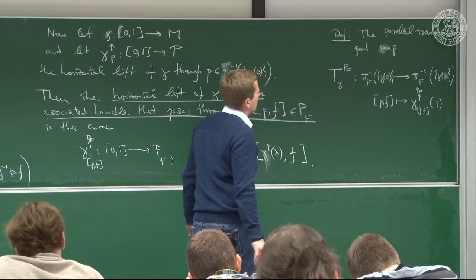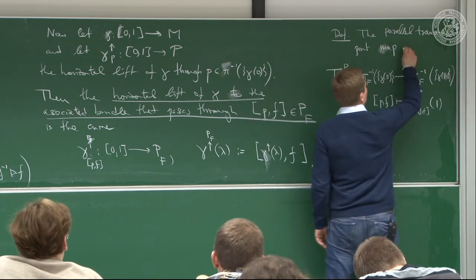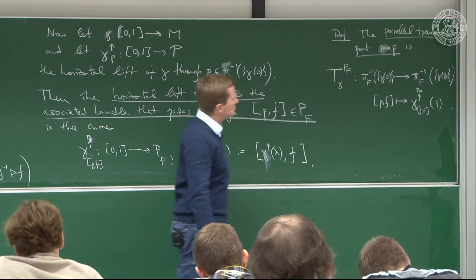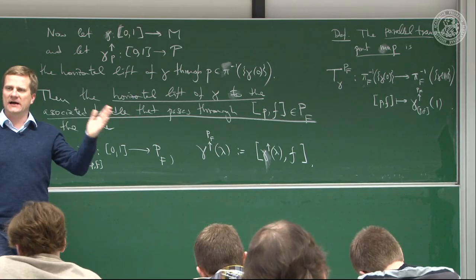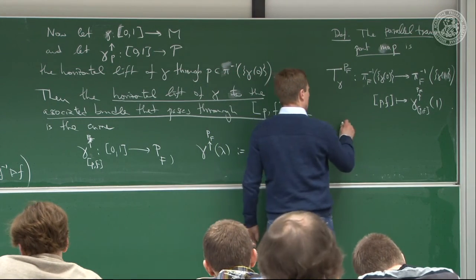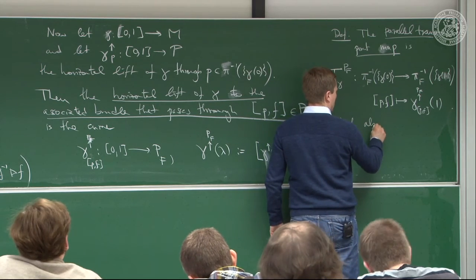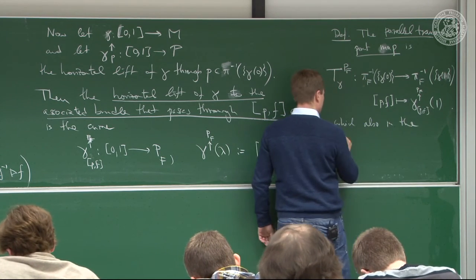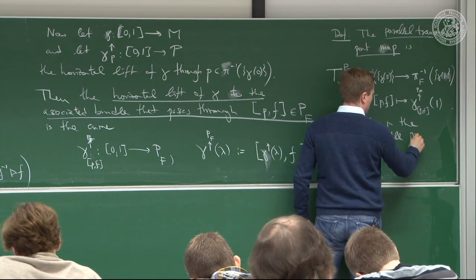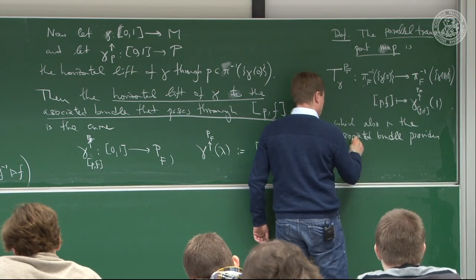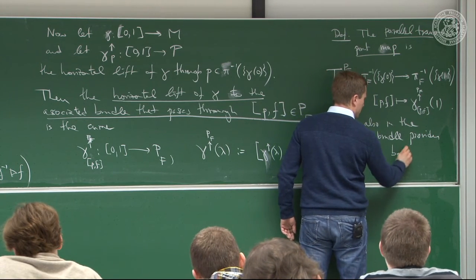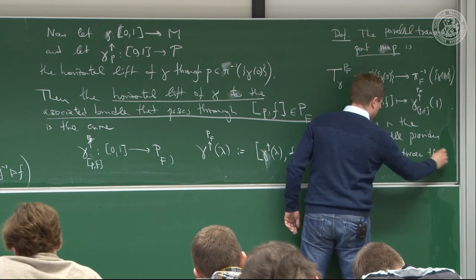Then the parallel transport map is defined as this. And again, in the associated bundle, it will provide a bijection, or homeomorphism, or diffeomorphism, between the fibers.